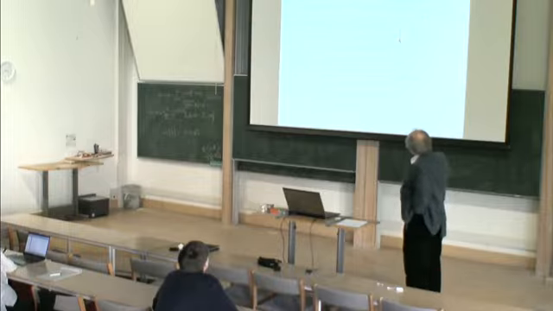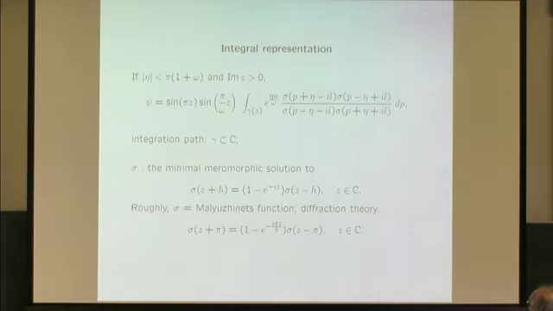4. Okay, and the minimal meromorphic solution also can be constructed by an explicit formula in terms of a beautiful special function which I call sigma. And this beautiful sigma satisfies the first order difference equation on the complex plane, of this form.